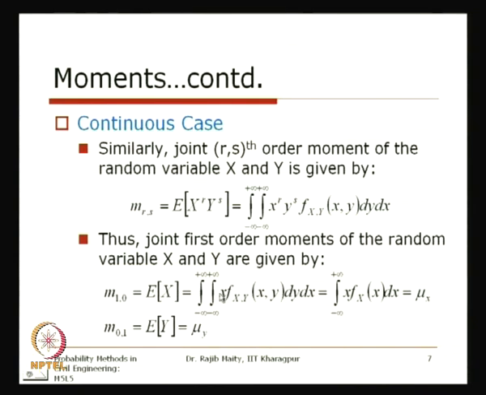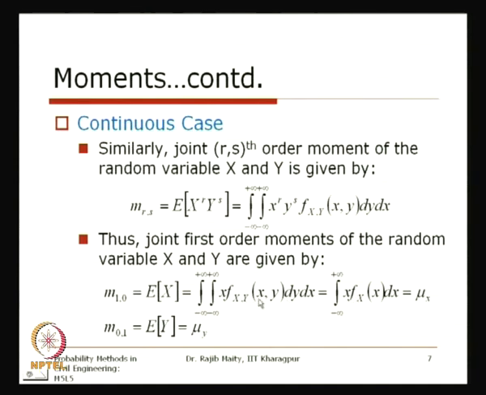That means x can be taken out of this integration, and if we take this integration from minus infinity to plus infinity, that is, the entire support of y of this joint distribution, then, as we know from our previous lecture, this is nothing but the marginal density of x, because over the entire support of y, y is integrated out. So, we are doing the integration with respect to y, so it is marginalized out, we can say. What remains is the marginal density of x.